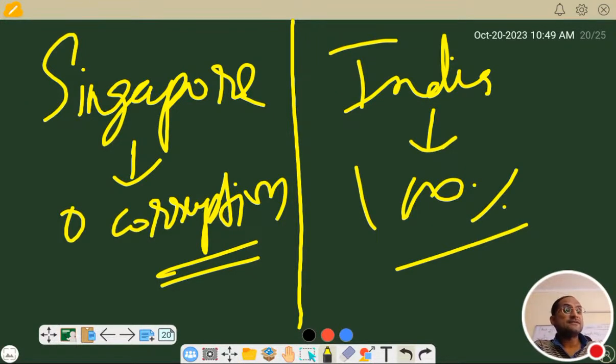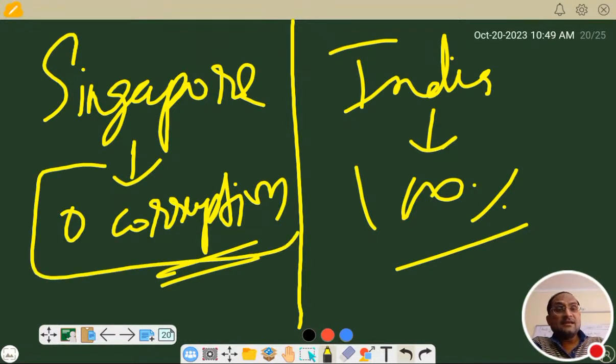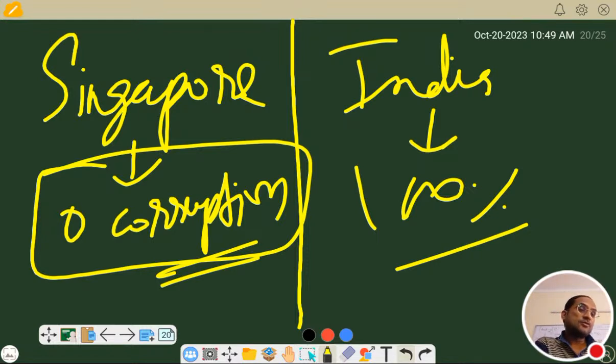Corruption is a practice which is practiced like anything. Corruption is everywhere. Now, why this country, Singapore, took the lessons from the history that a country which is not corrupt progresses like anything.